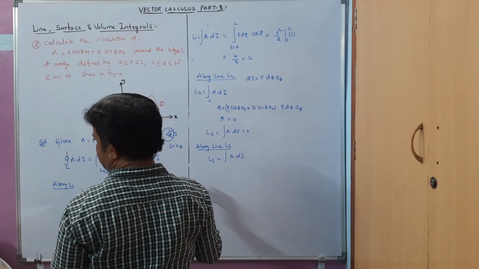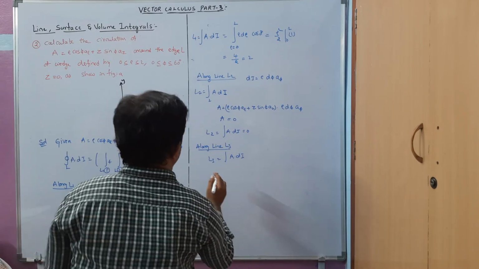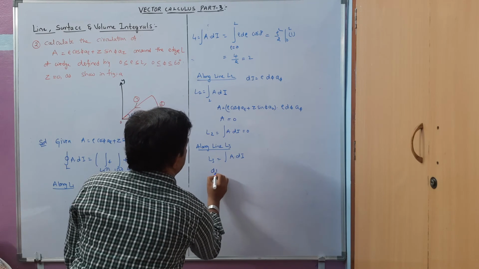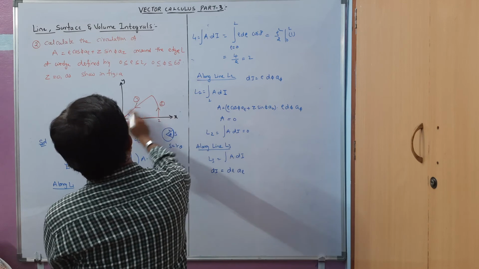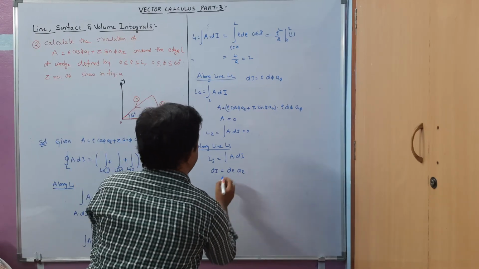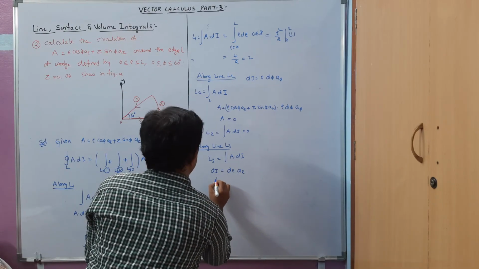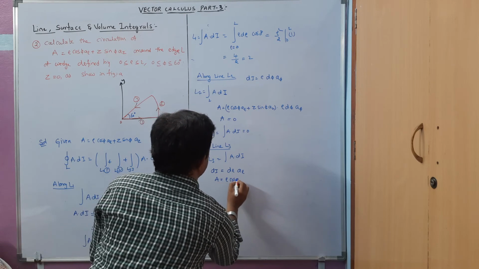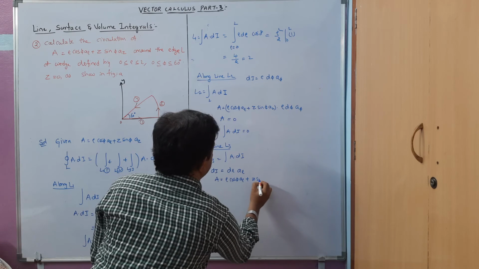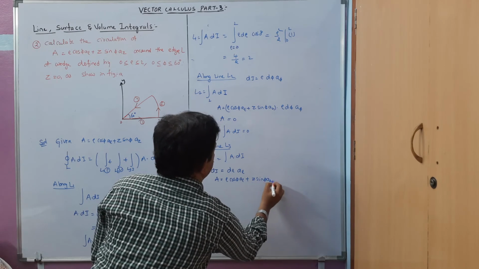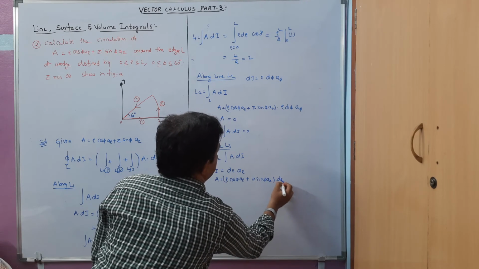So dl will be d rho into a rho, and A will be the same here, that is A is equal to rho cos phi a rho plus z sin phi a z, dot d rho a rho.